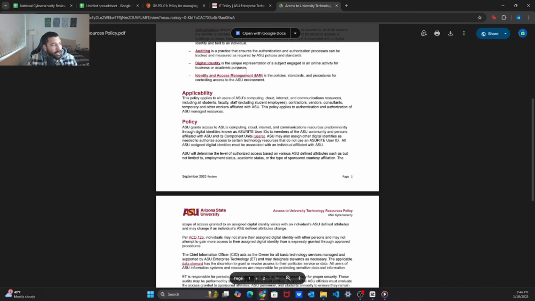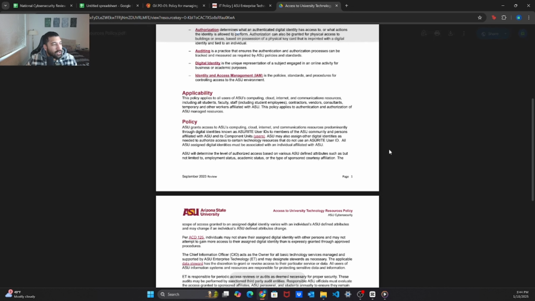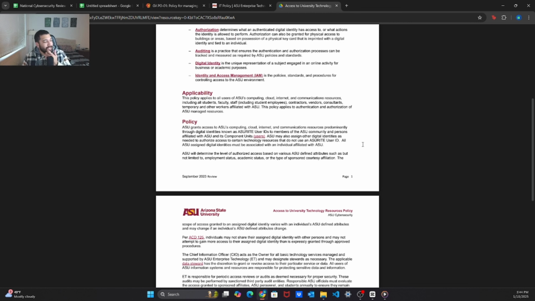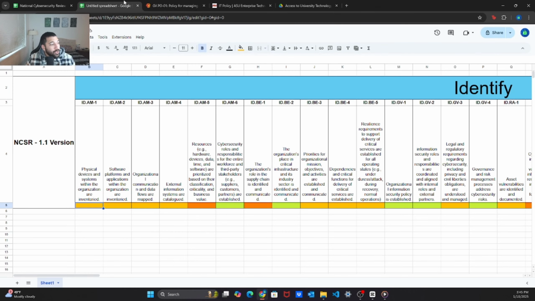Okay, so we look at the policy. ASU grants access to ASU's computing, cloud, internet, and communications resources, predominantly through the digital entities known as user IDs. Okay, so this is mainly for their cloud services and stuff like that, but this can also include physical devices as well. So knowing that, they do have a policy.